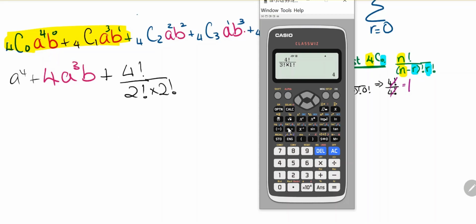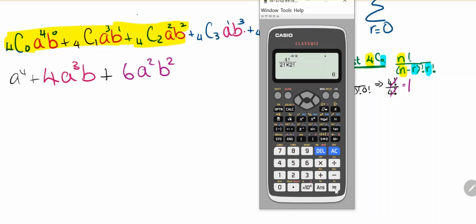So in the calculator, 4 factorial divided by 2 factorial times 2 factorial, and this will be 6. So I'm going to replace this with 6, and it's a squared b squared.